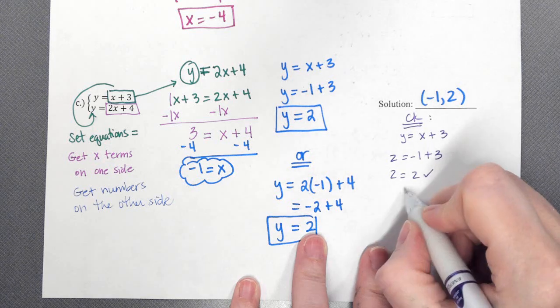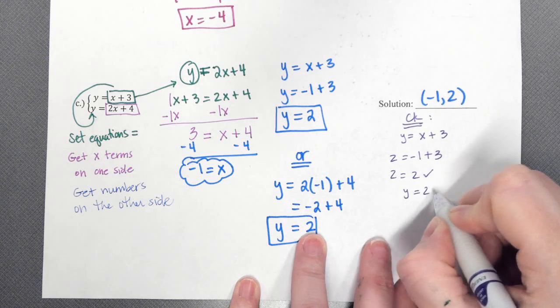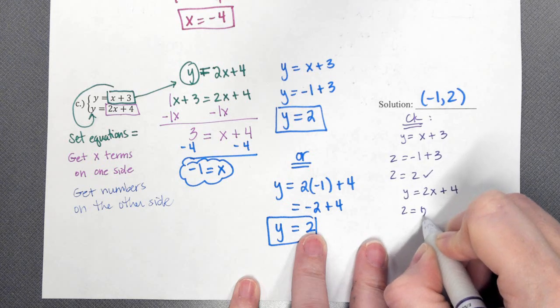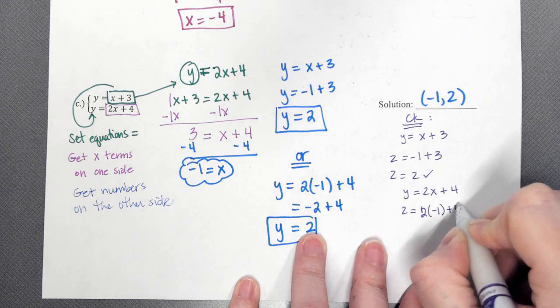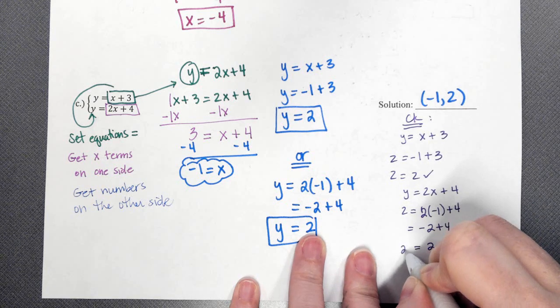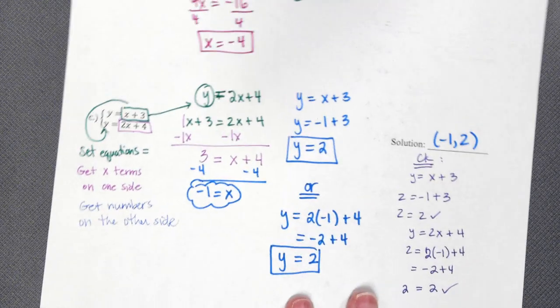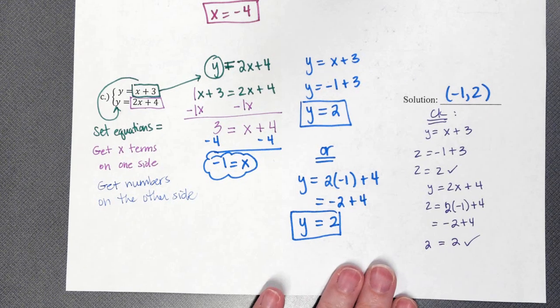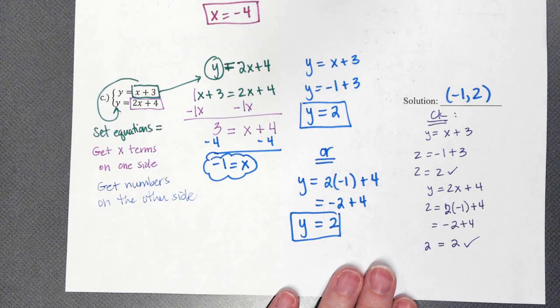Yes. And then the second one, y equals 2x plus 4. 2 equals 2 times -1 plus 4. Okay, so if they're both true, you know that you found the right answer, okay?